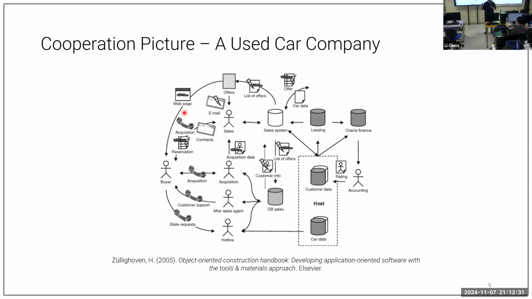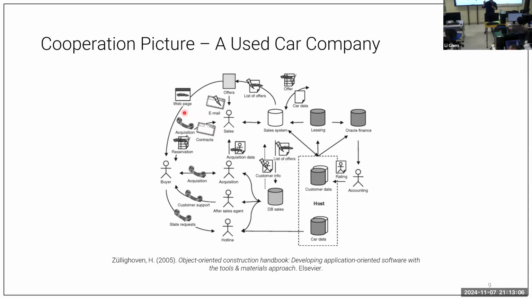Some clients may tell you, maybe I want this, I'm not quite sure, right? These are all potential issues you will encounter if you want to have a very clear cooperation picture after your system is integrated into your client's business. So there is always a paradox. I would describe it like this: although you cannot understand every detail, at least you should have an understanding of how the information will flow among different stakeholders and between systems and stakeholders.